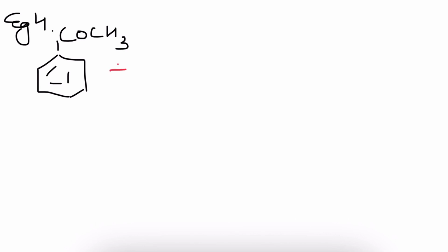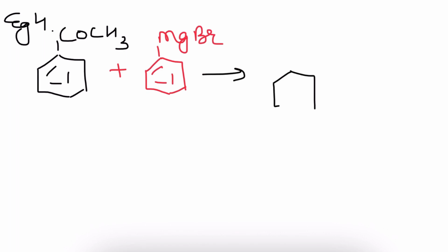Let's take one more example. Acetophenone we are having, C6H5COCH3. It reacts with phenyl magnesium bromide, a Grignard, that gives an addition product.